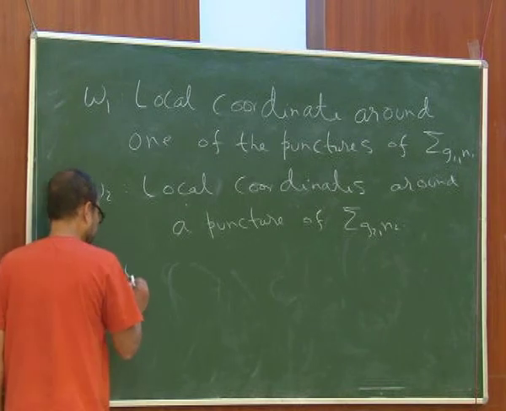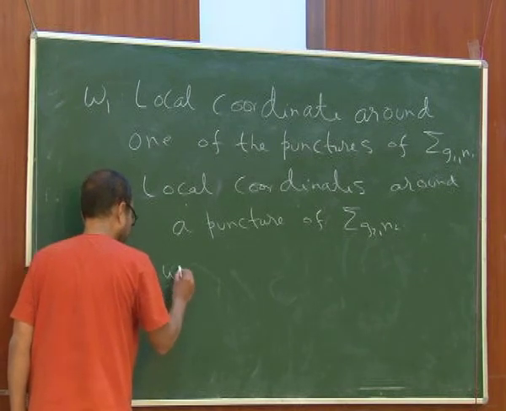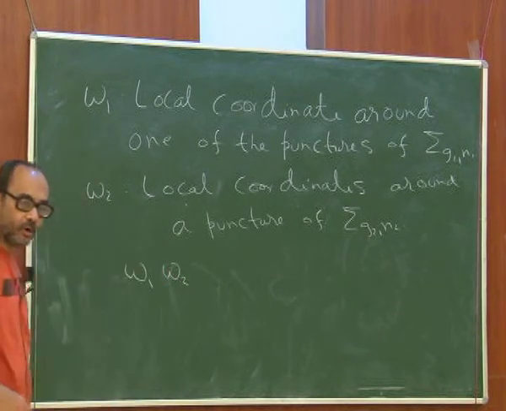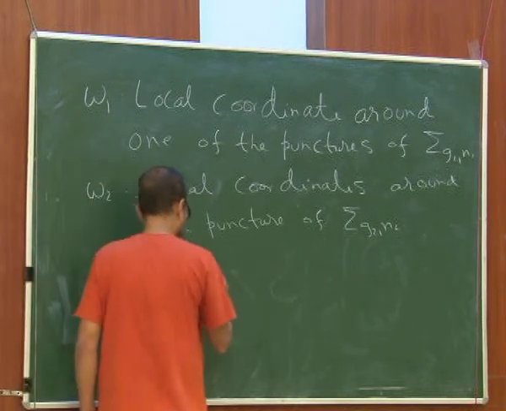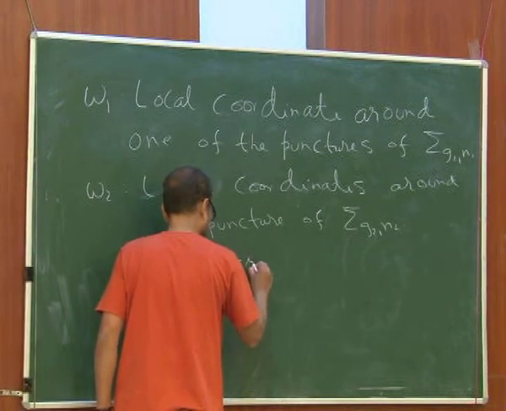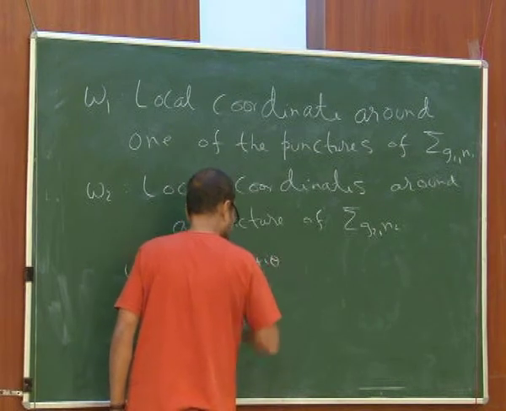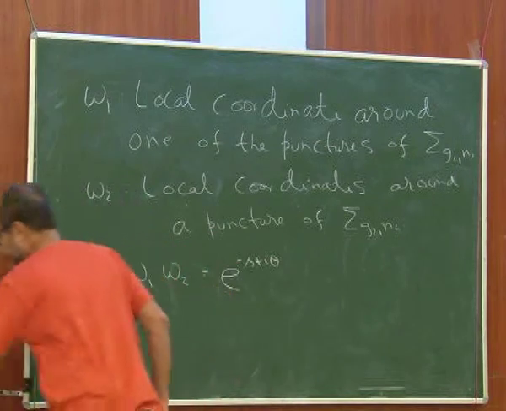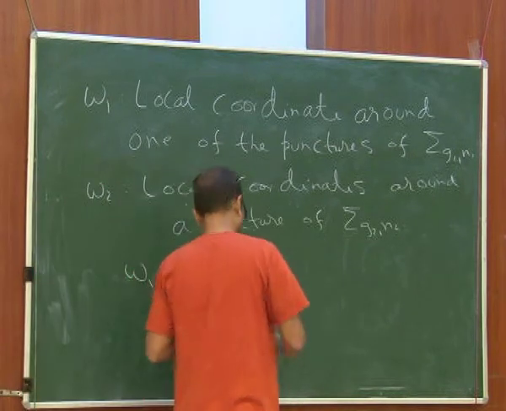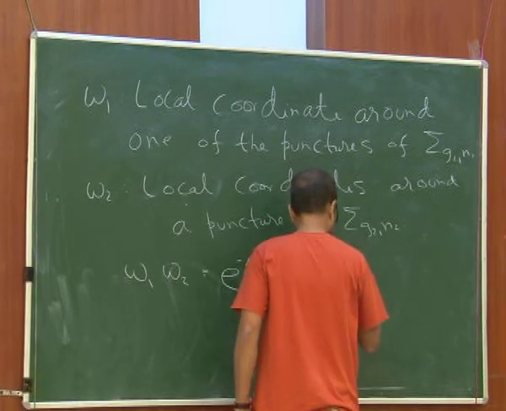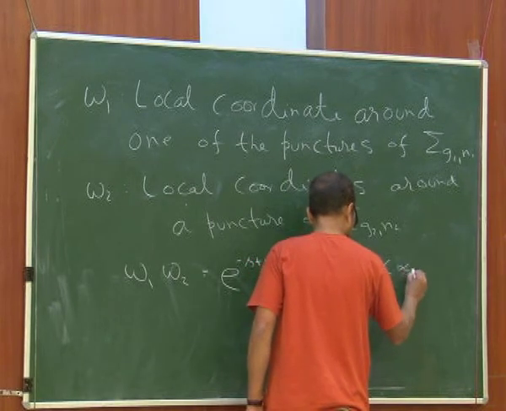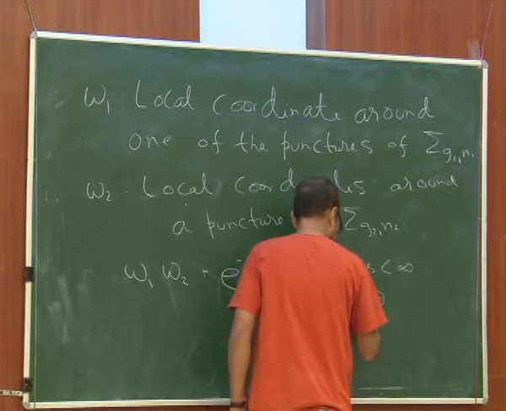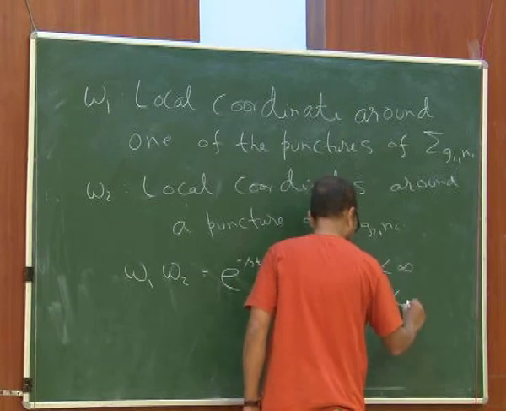So, the plumbing fixture is an identification that tells us that W1 and W2 are identified as coordinates. W1 W2 is equal to e to the minus s plus I theta, where s is a real number running from 0 to infinity and theta runs from 0 to 2 pi.